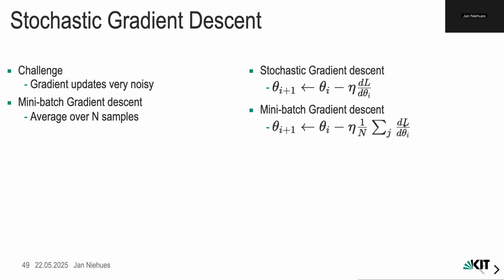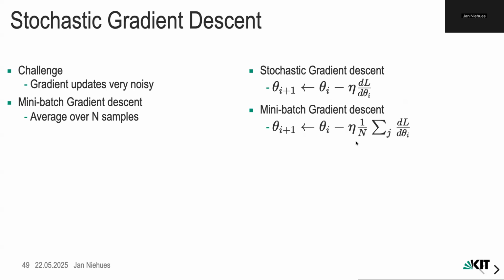Of course, everything comes with a bit of a disadvantage. The disadvantage now is just another new hyperparameter, which we have to somehow care about. But then what we're doing is we're calculating our gradients for n examples. We are then doing the average of the n, and then doing this as update.